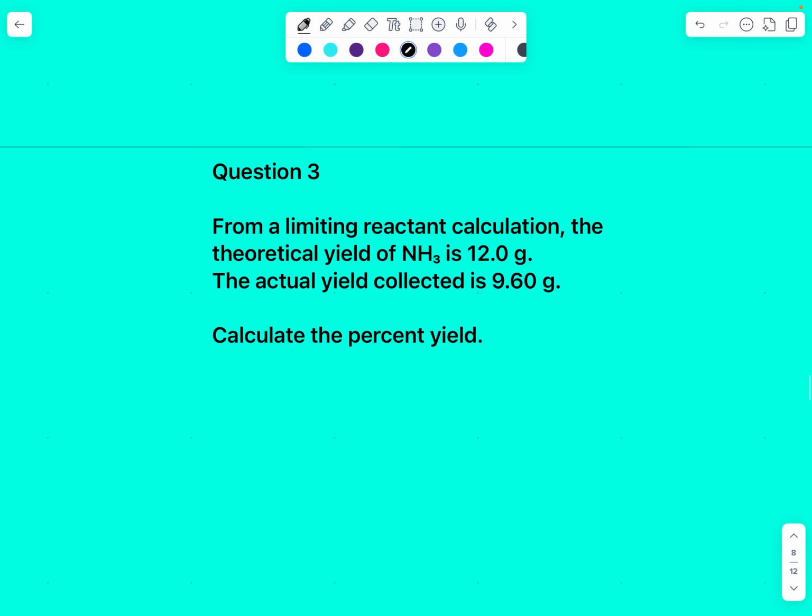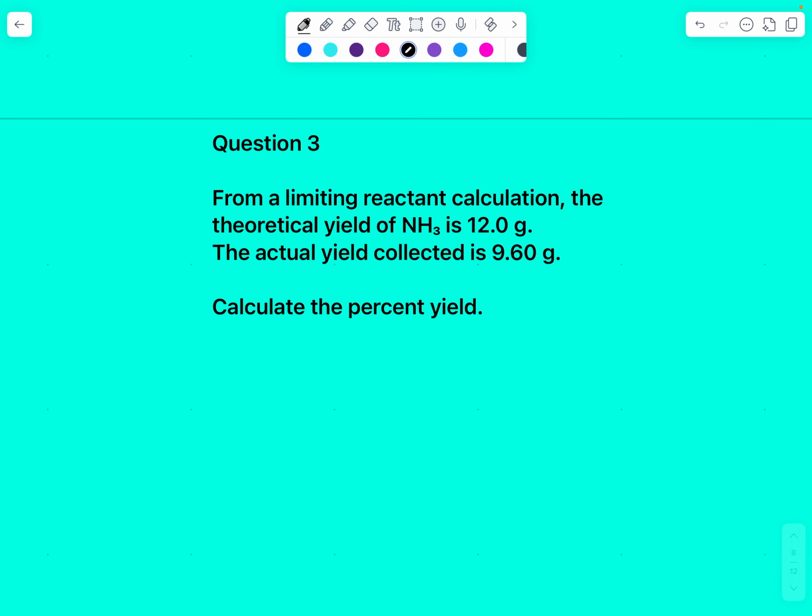Let's try number 3, it's a bit more of a doozy. From a limiting reactant calculation, the theoretical yield of NH3 is 12.0 grams. The actual yield collected is 9.60 grams. Calculate the percent yield, and it's going to get harder as we go on. The percent yield is A over T times 100%, all right?